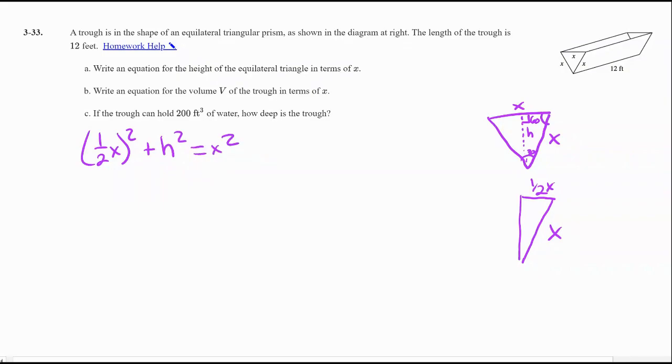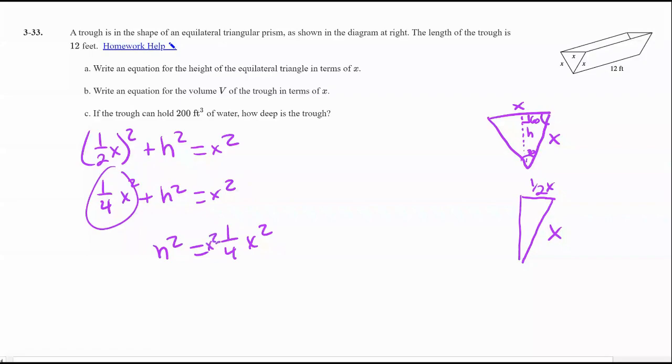If you do, I'll do it here so that you can see what happens. I distribute that square, and then I have plus h squared equals x squared. Now I subtract, so the height squared is equal to x squared minus 1/4 x squared.